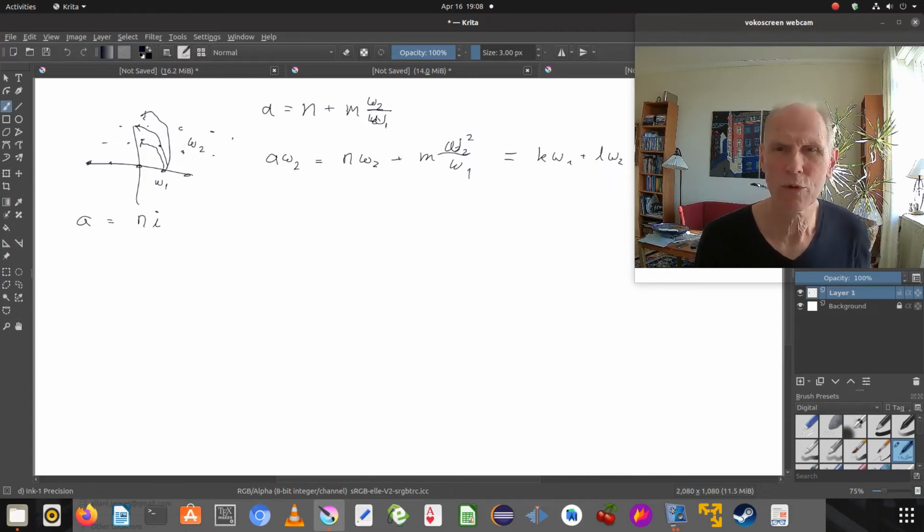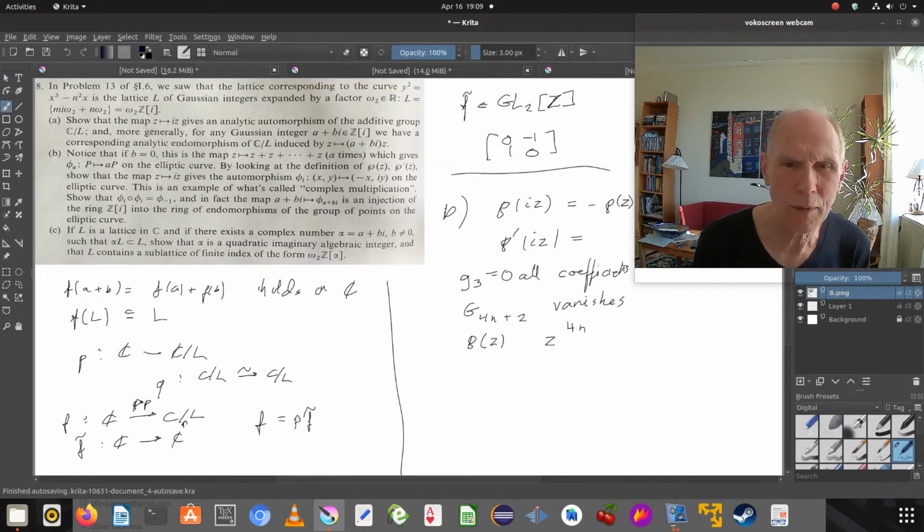Now we could do this, of course, but we don't need it if we have n times the imaginary unit. Now, what should we show about it? That it is a quadratic imaginary algebraic integer.